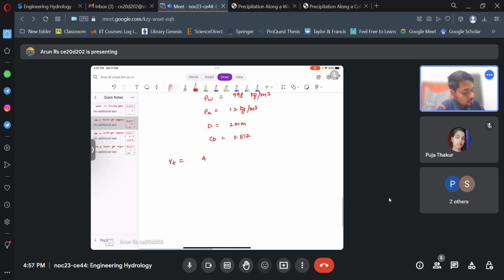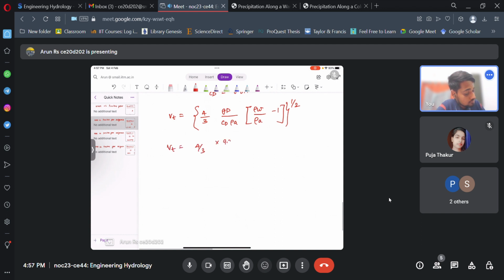So it is square root of 4 by 3 g d by C_D rho_a.